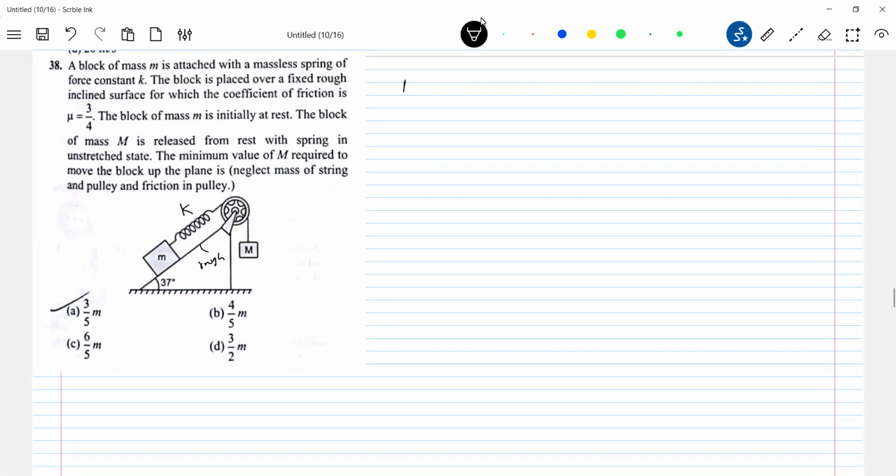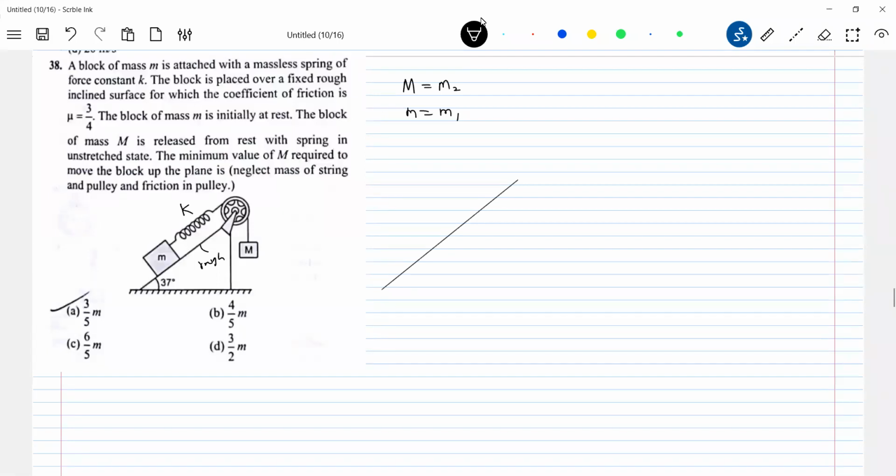Here capital M, I'll call M2, small m as M1. Minimum value of M, what do you mean by that? So when I release it, the block of mass M is released from rest with spring in unstretched state. The minimum value of M required to move the block up the plane.